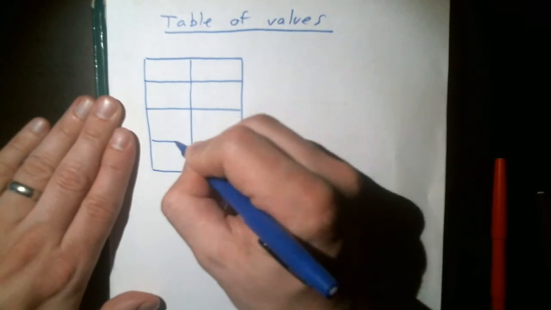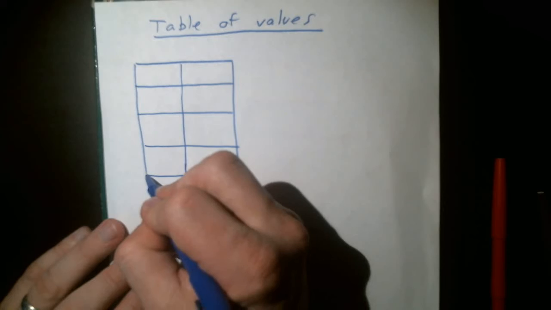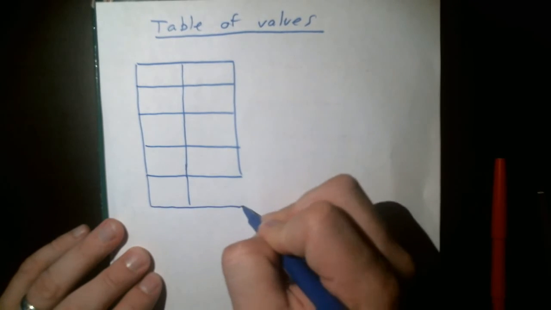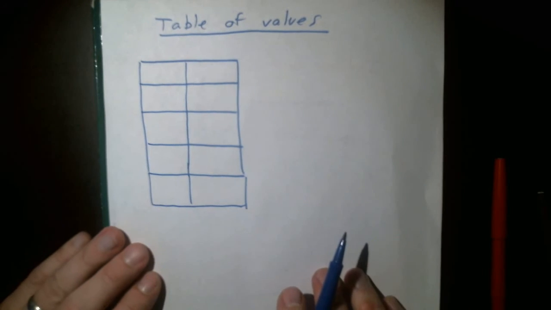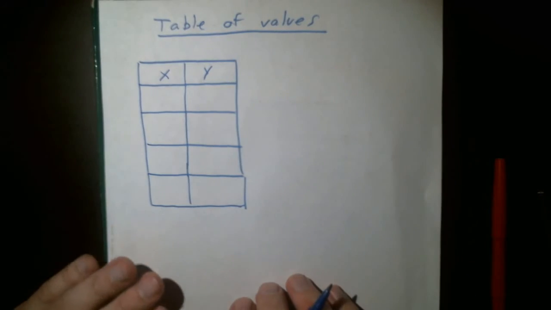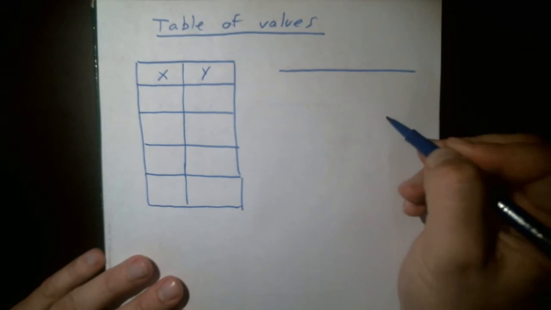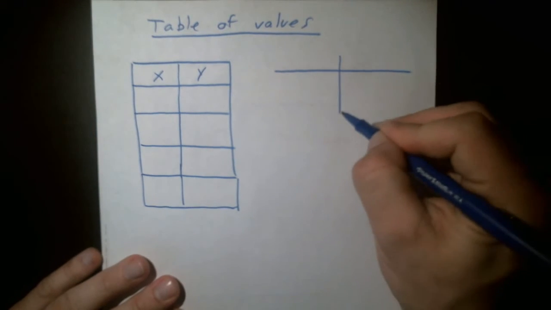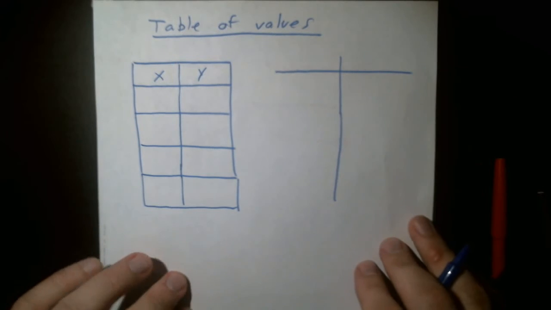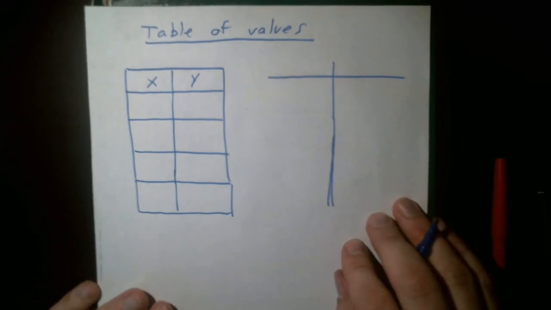You might want to increase this another way, but you don't have to. Put X, put Y there. This is a table right here. Should use a ruler, but that's okay.